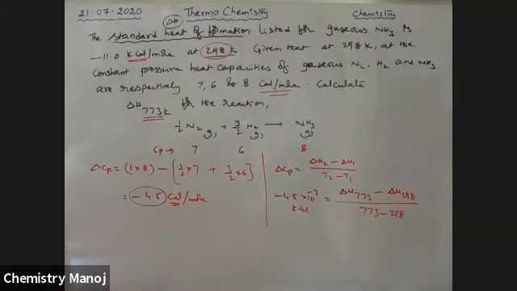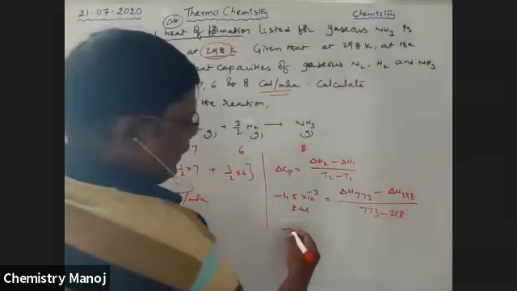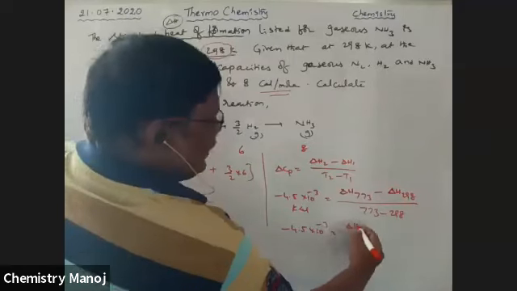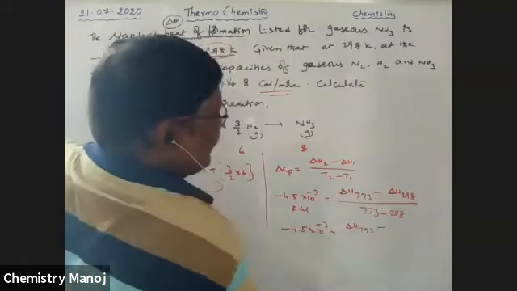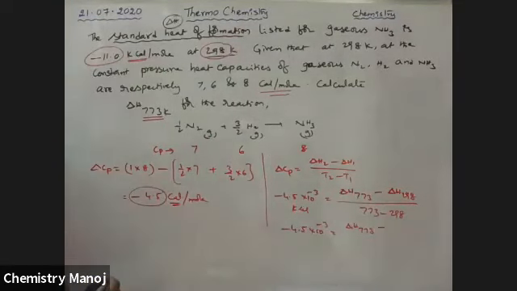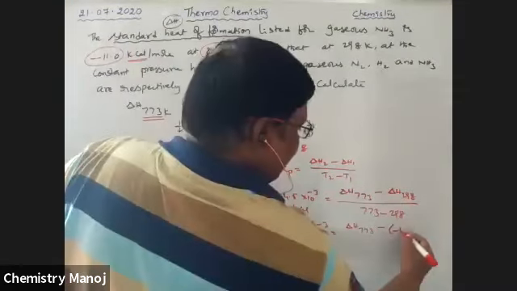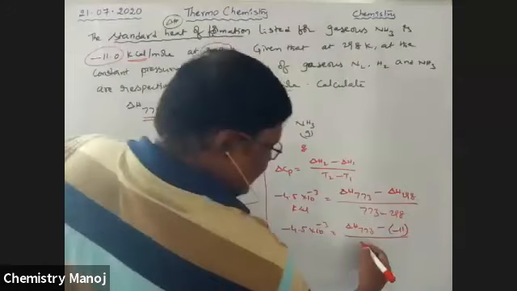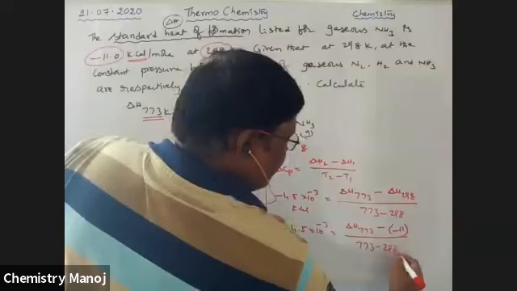So minus 4.5 into 10 power minus 3 is equal to delta H at 773 Kelvin minus delta H at 298 Kelvin, which is minus 11 kilocalories, by 773 minus 298.